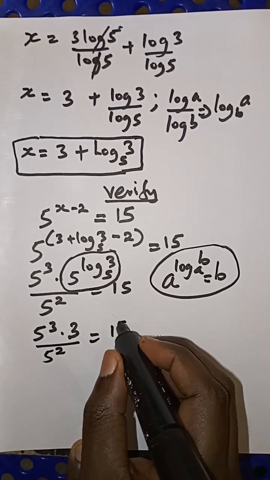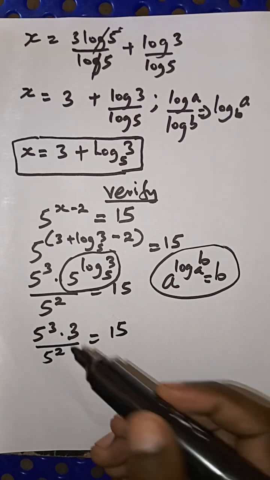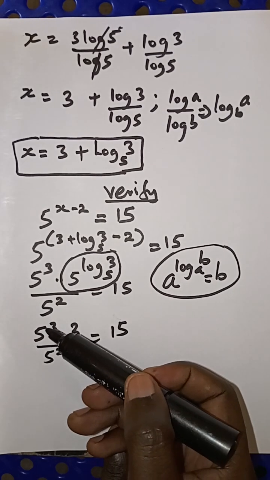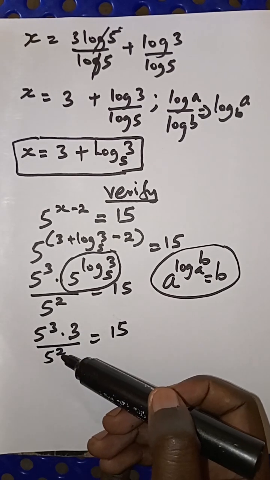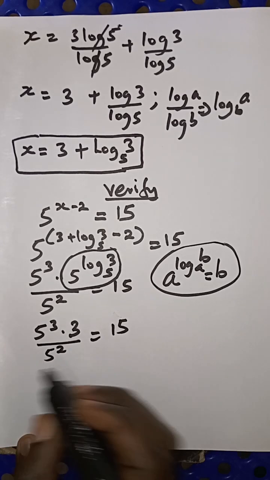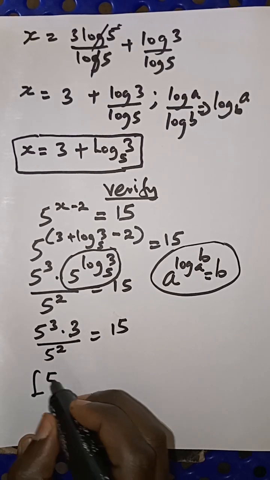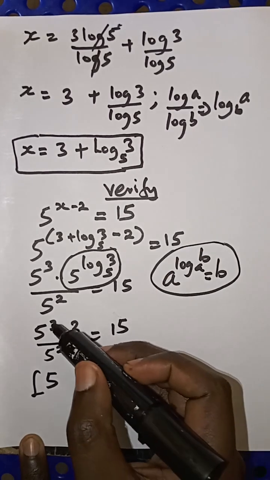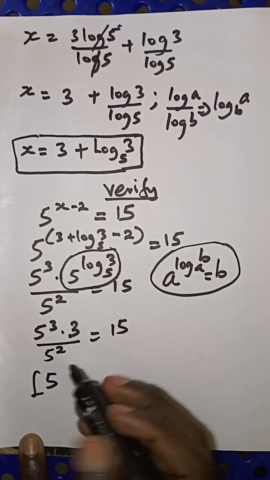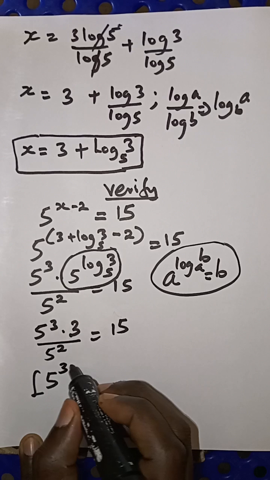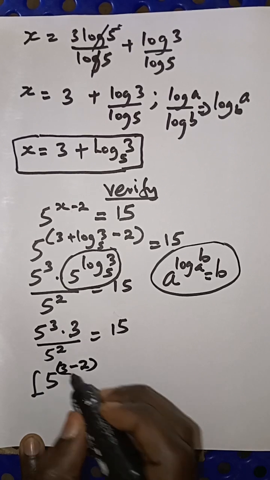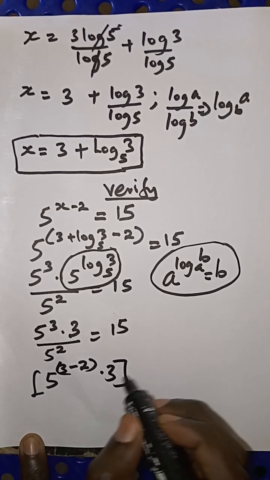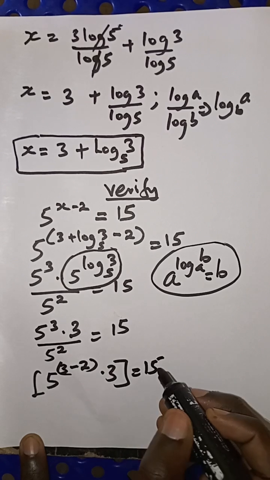You want to see if it's going to give us 15. So what does that mean? This is 5 raised to 3 and this is 5 raised to 2. Re-expressing this, when the powers are divided, they can be subtracted like that, and it should give you 15.